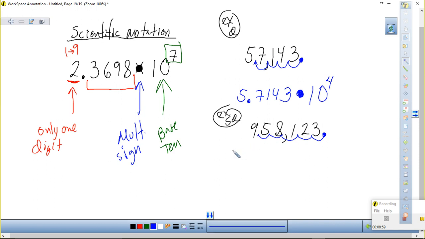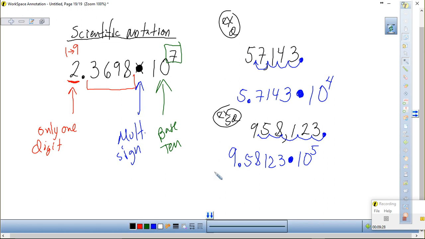So my new number would be what? And then? Hands if you got that. That is correct. That is scientific notation. So far so good? Let's do another one.